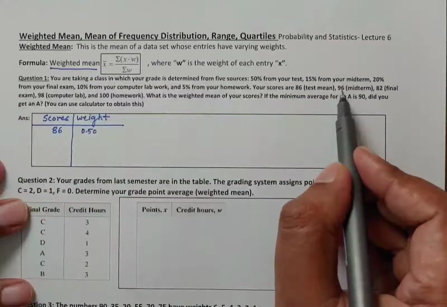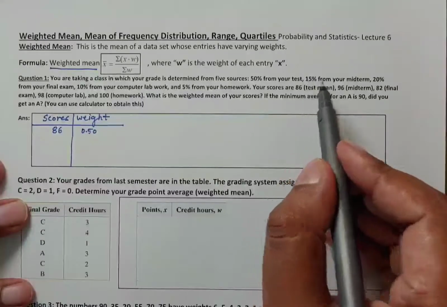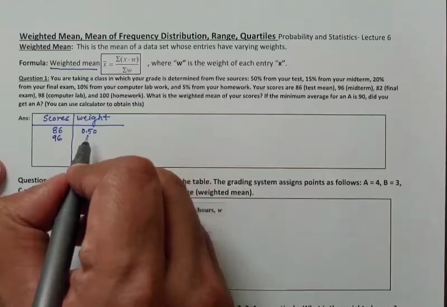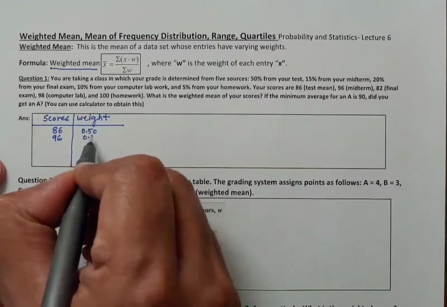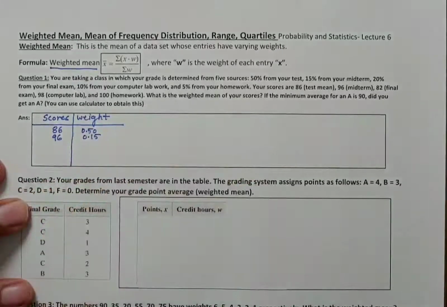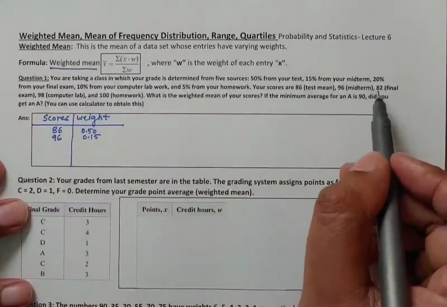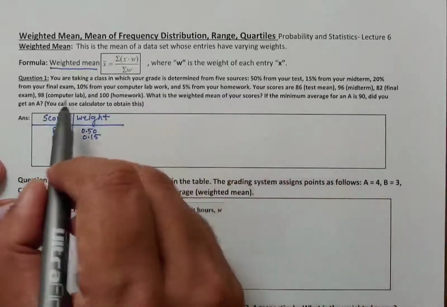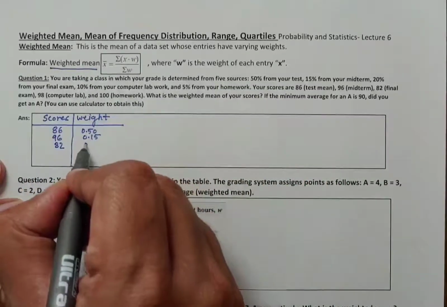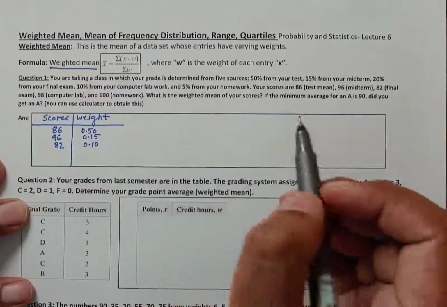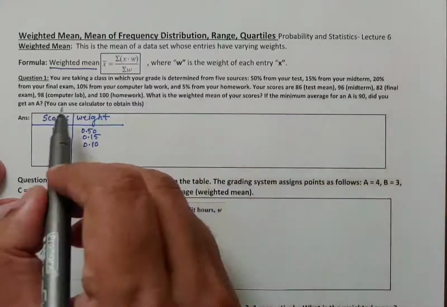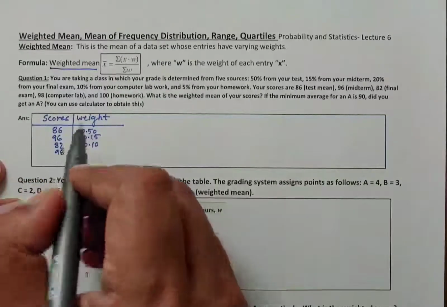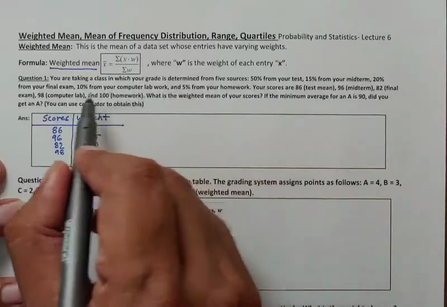Midterm is 96, right? So midterm counts 15%, so 0.15. That is the weight. 82 in the final exam.